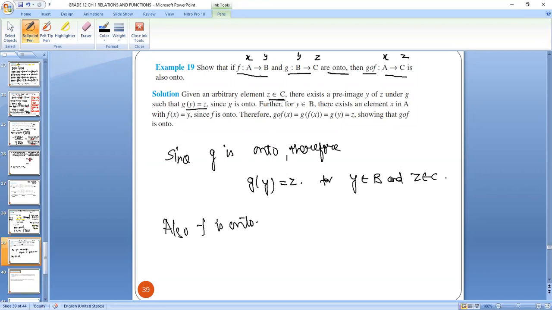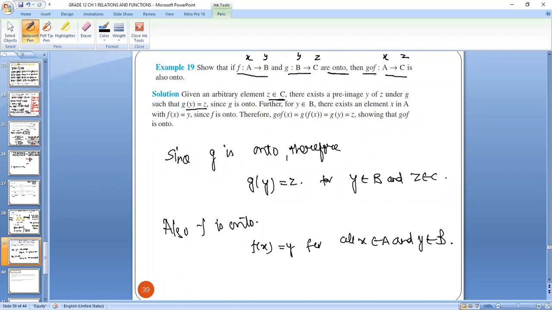F is onto means all the elements of set B will be having pre-image from the set A. Since F is onto, therefore F of X will be equal to Y for all X belongs to A and Y belongs to B.